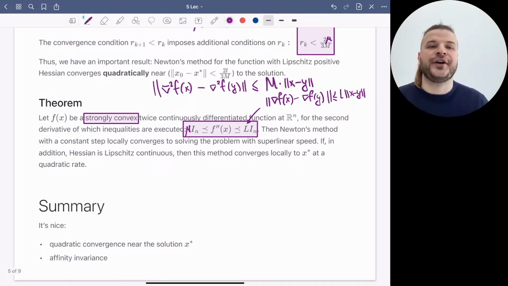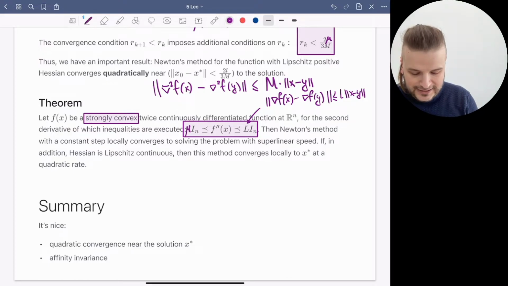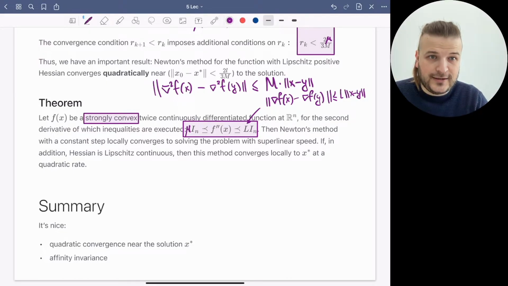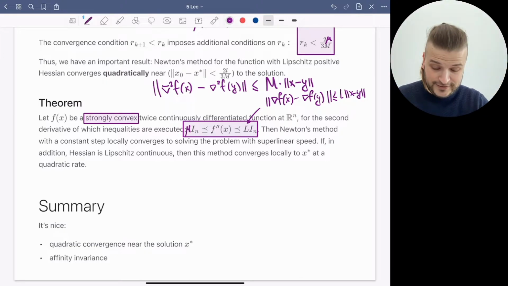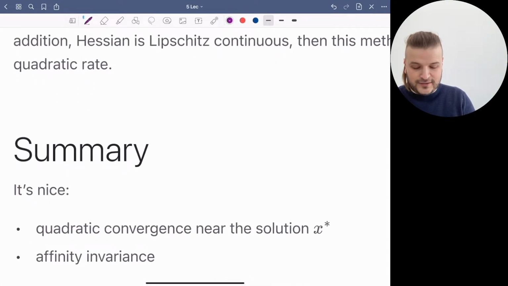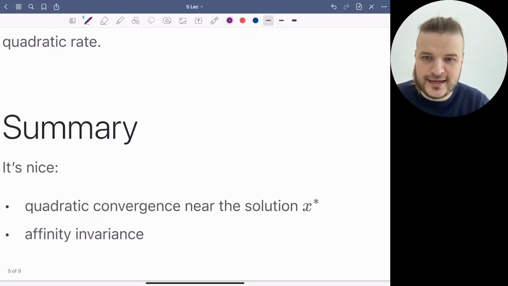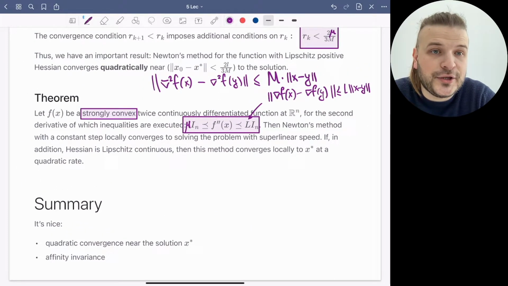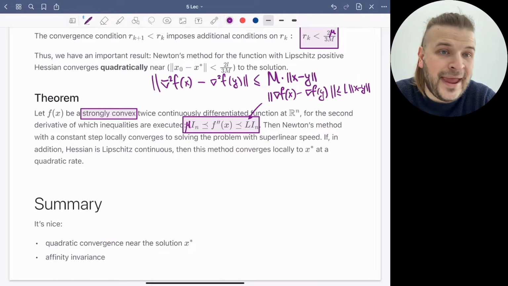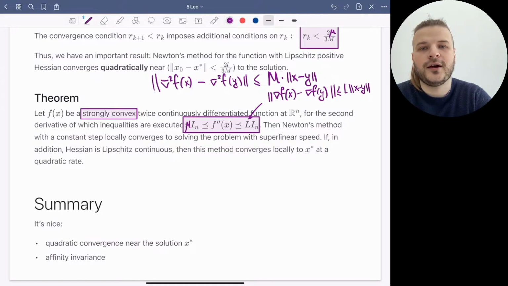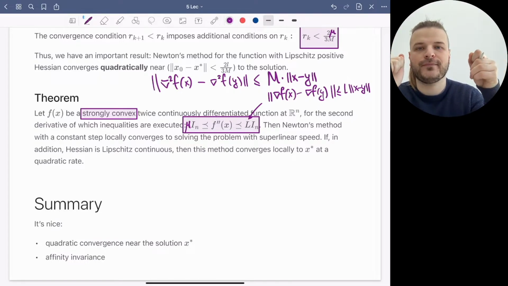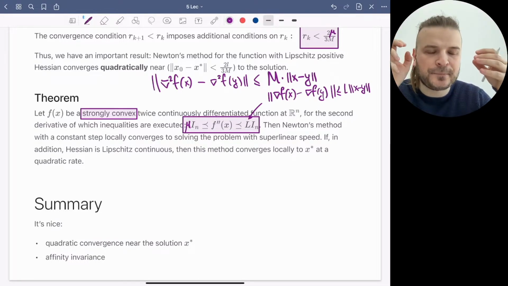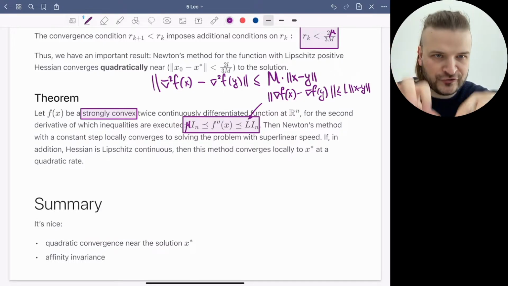So what's very good about the method? This method has quadratic convergence, and quadratic convergence, as I said before, is insanely fast. We'll see examples a little bit later. Also, it's nice that this method, by design, has affine invariance, which means that if you scale your space by some affine transformation, the sequence of function values will be the same as for the non-transformed case.